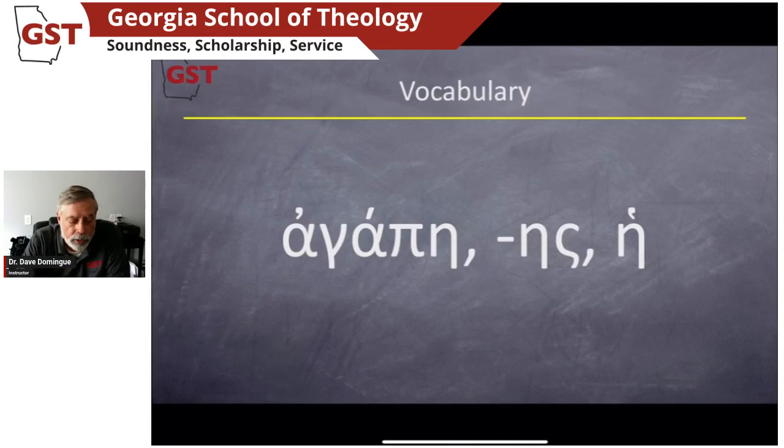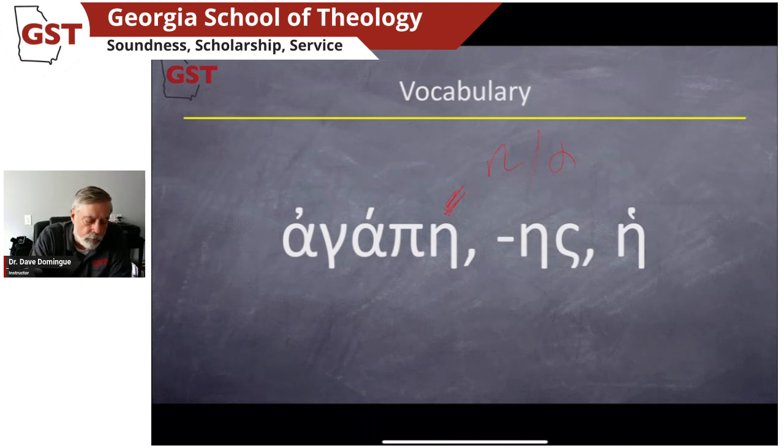So vocabulary, agapē. Normally I would ask you, if you were here, is this a masculine or feminine word? You would answer, oh, it's feminine. I'd say, correct. It's feminine because there is a connecting vowel, in this case eta. So either an alpha or eta will be the connecting stem ending.